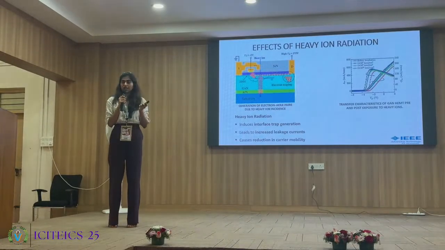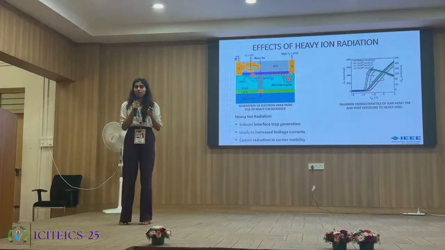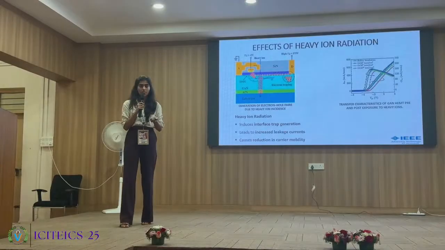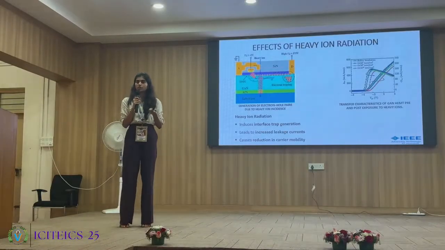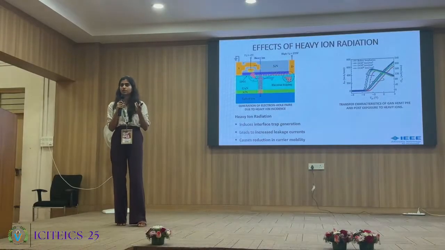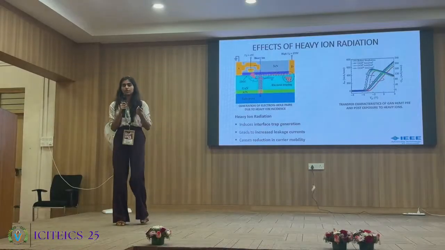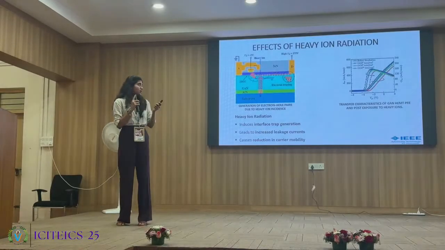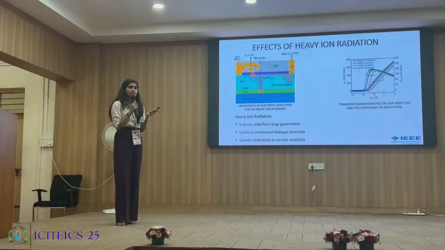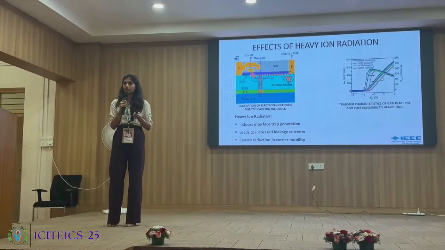The decrease in the transconductance represents the gate controlling capability of the device, which is an important parameter for the frequency characteristics. The reduced value of the transconductance can be used to evaluate the extent of the damage caused in the gate area, also the decrease in the carrier mobility of the HEMT. Therefore, when the heavy ions are incident, we can see a reduction in the carrier mobility of the channel as well as the gate control.